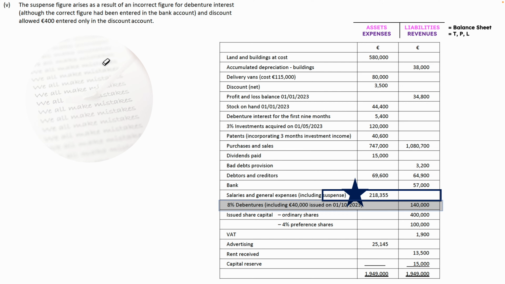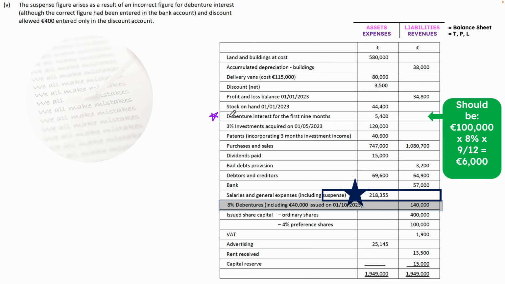Okay, so let's take another read here. Suspense account arises as a result of incorrect figure for debenture interest, although the correct figure had been put into the bank account. Okay, so incorrect figure for debenture interest. So here's my debenture interest up here. Debenture interest for the first 9 months, 5,400.